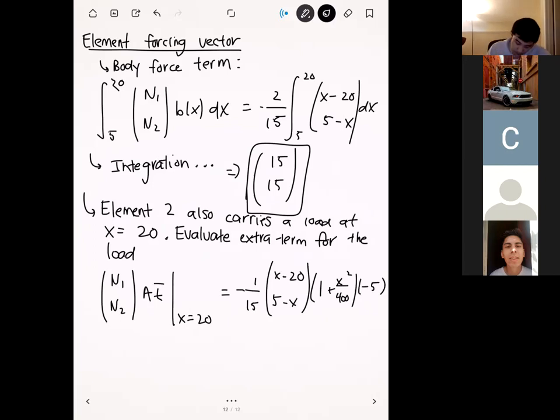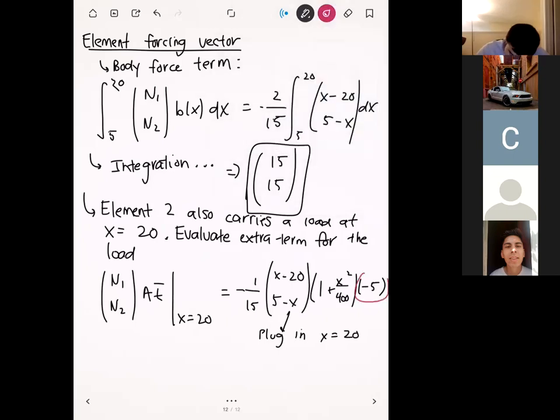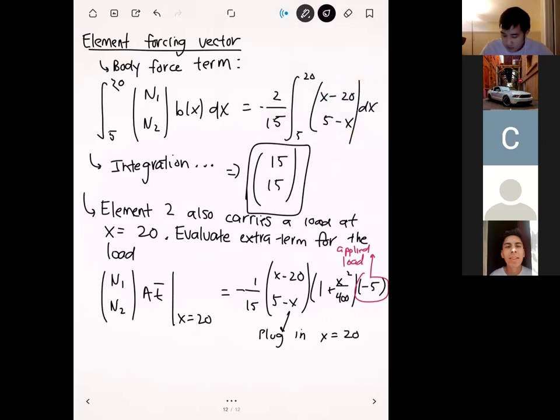Okay. Right. So let me just label this. This right here is our applied load. Okay. Right. So remember, minus 5 was the applied load that we put onto the system, and then everything else is just our shape functions and our area function. Okay.